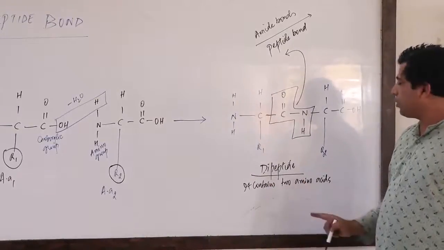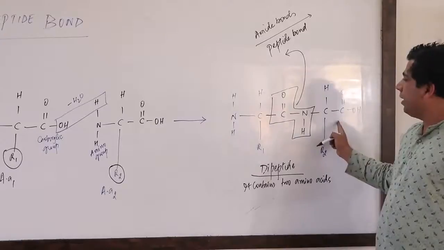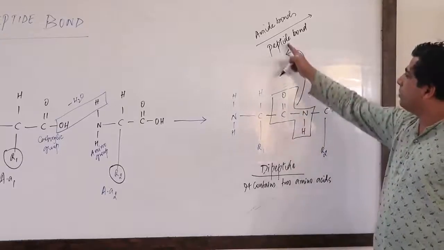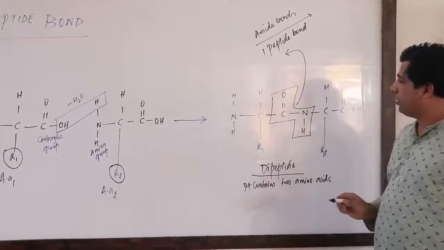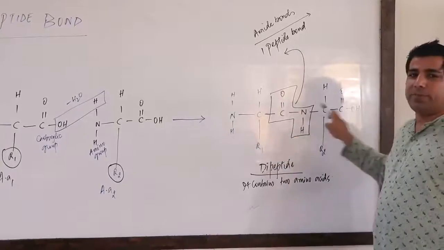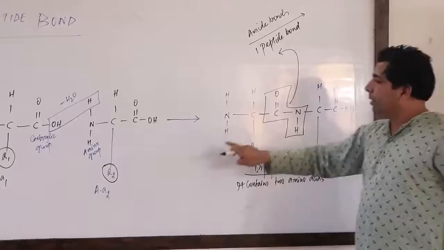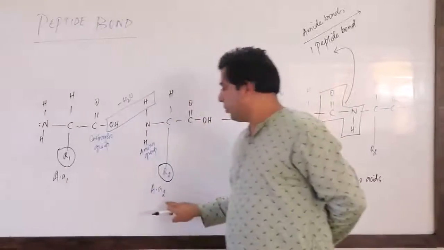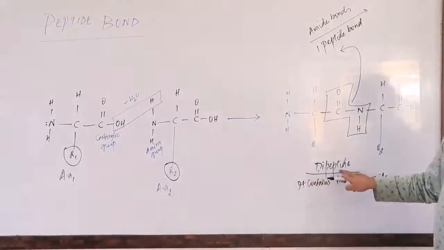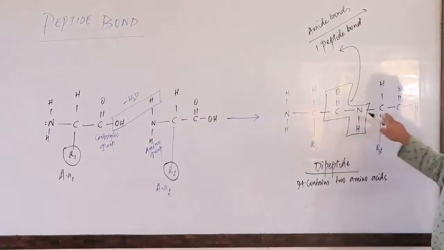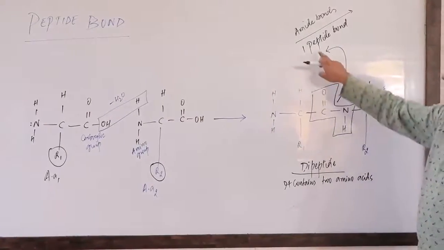A molecule containing 2 amino acids is a dipeptide. So now you have understood one thing. In this dipeptide, how many peptide bonds are there? 1. So we have 1 peptide bond. This is a dipeptide. It's made up of 2 amino acids, correct? So look, amino acid 1 and amino acid 2. And between these 2 amino acids, how many peptide bonds are there? Just one.